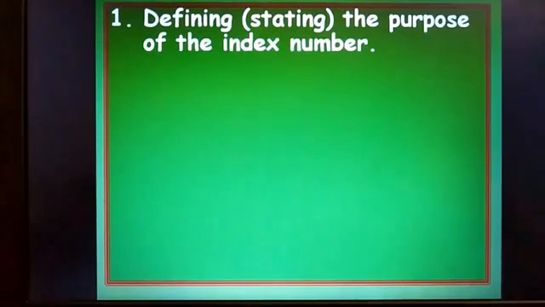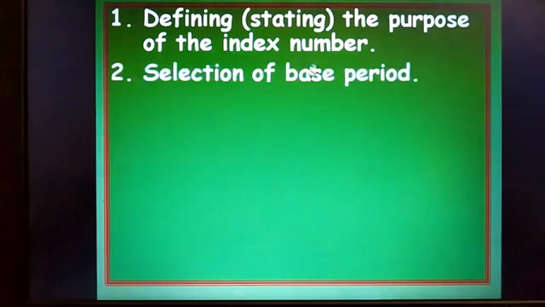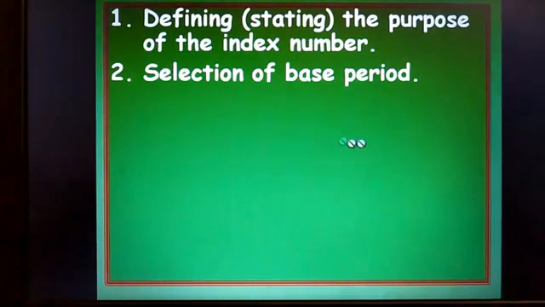So here also, defining or stating the purpose of the index number has to happen first. And after that, selection of base period, which base period we will be considering.